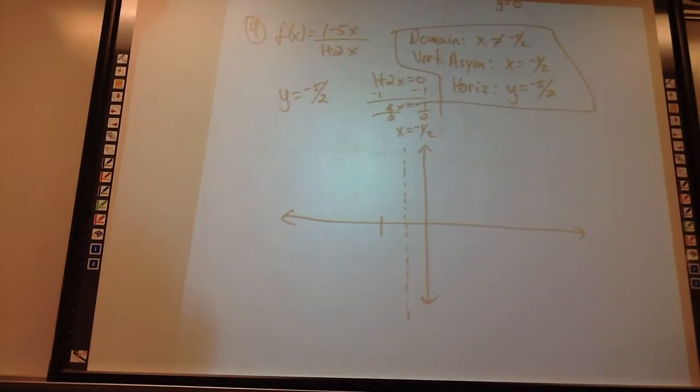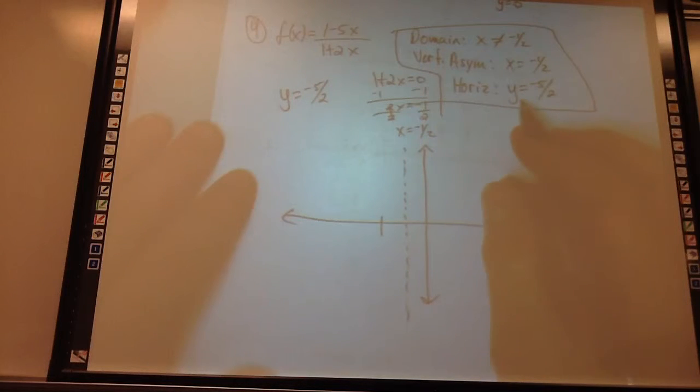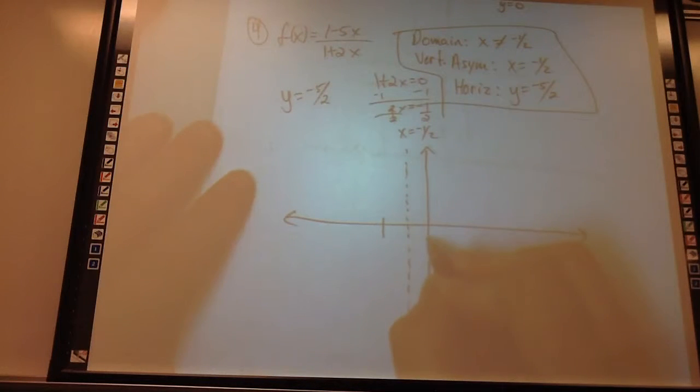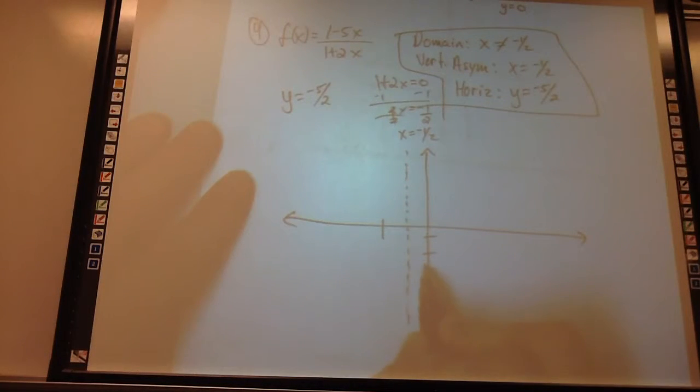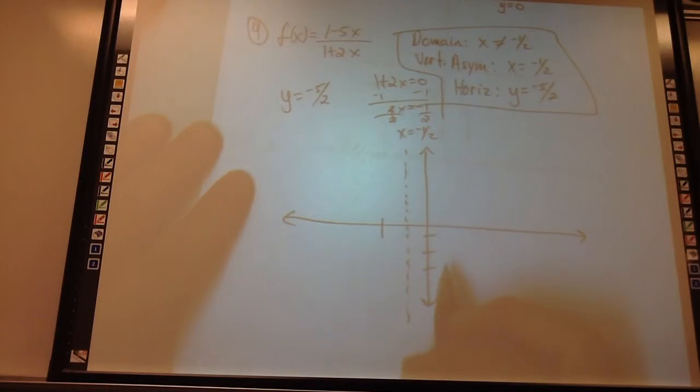The other one is negative 5 halves, the horizontal. There's negative 1, negative 2, negative 3. That's negative 2.5. Oh, yeah, 2.5.